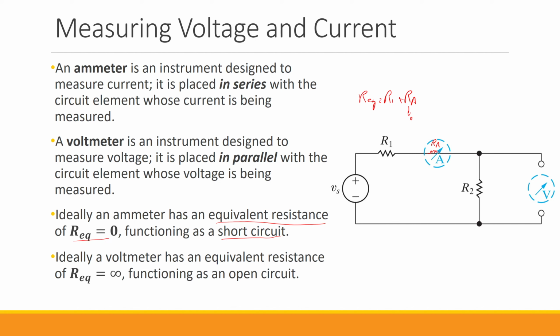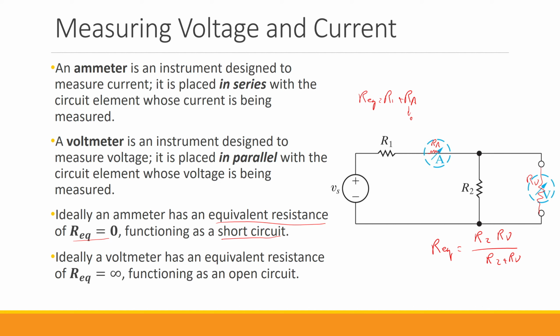What about the voltmeter? For the voltmeter, let's say we have this equivalent resistance, I call it RV. And what is the equivalent resistance of R2 in parallel with RV? We have Req equal to R2 RV divided by R2 plus RV.